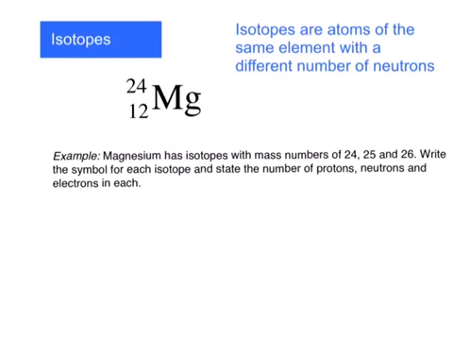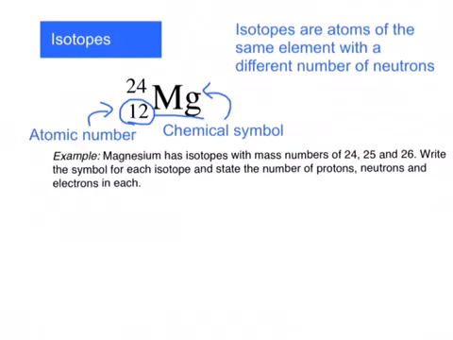And so I'm just going to go through what the different parts of the symbol mean. So obviously the Mg is what we've already used. That's the chemical symbol from the periodic table. The 12 down here in the corner is always the atomic number, or the number of protons. So the 12 is that little number on your periodic table, up in the left-hand corner.